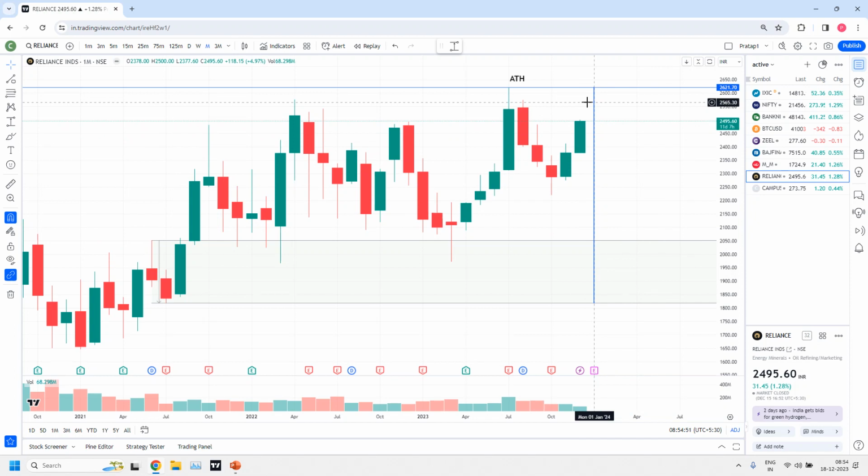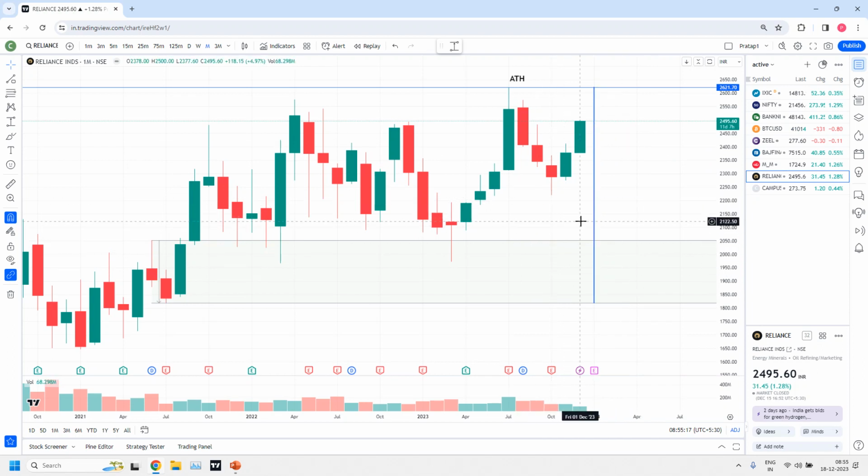The buyer's area and the equilibrium. That is the reason why this entire range should be divided into two parts. The first part is the buyer's area, where you can find institutional pending buy orders, and the other one is equilibrium, which supports both buying as well as selling, where you can identify lower time frame, LTF, zones.